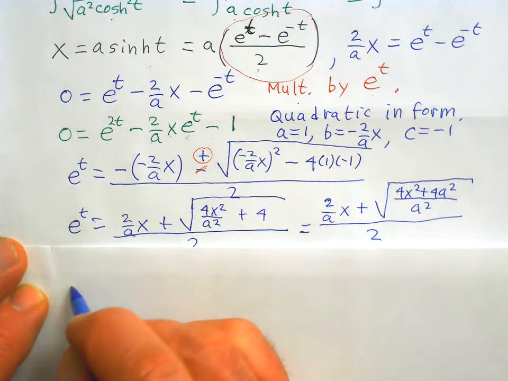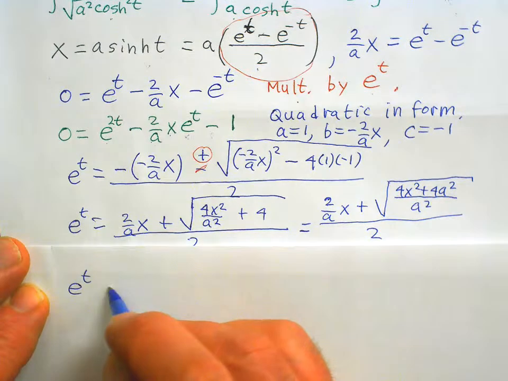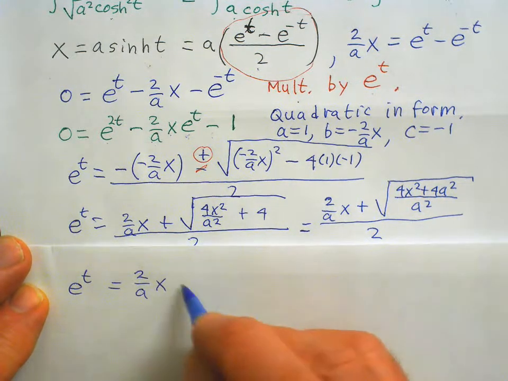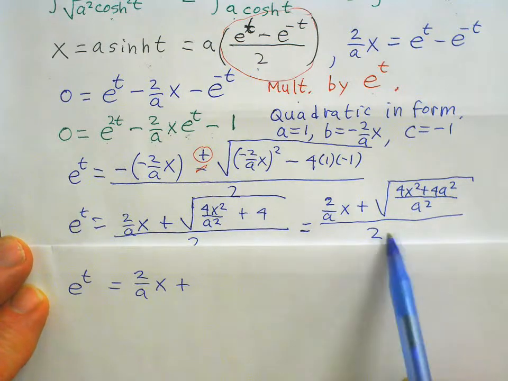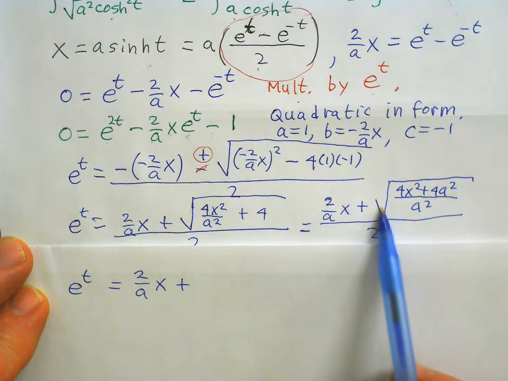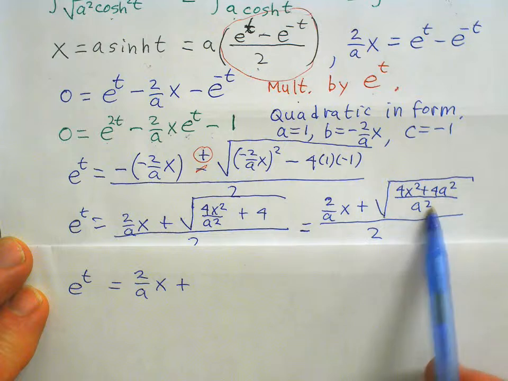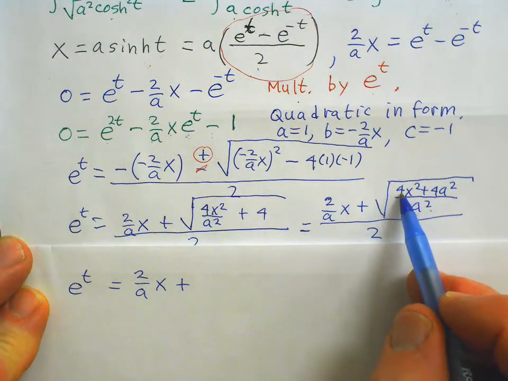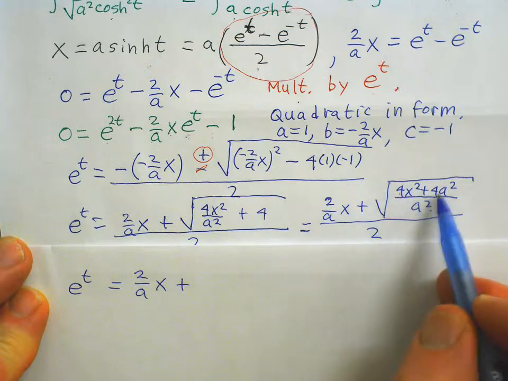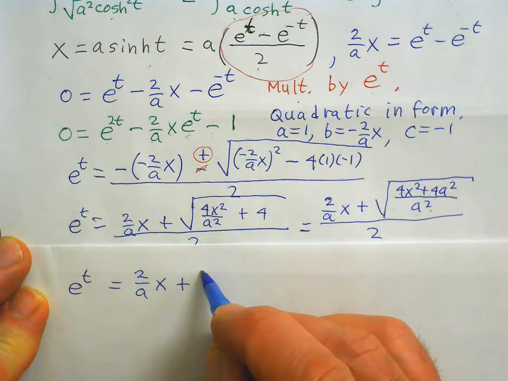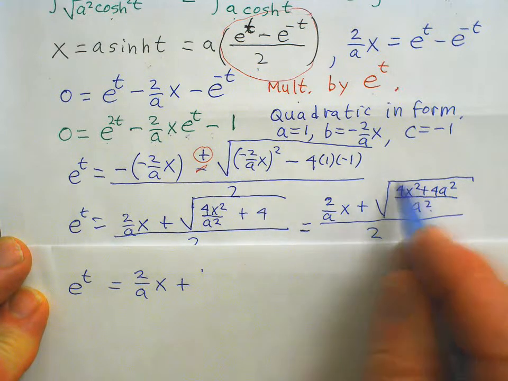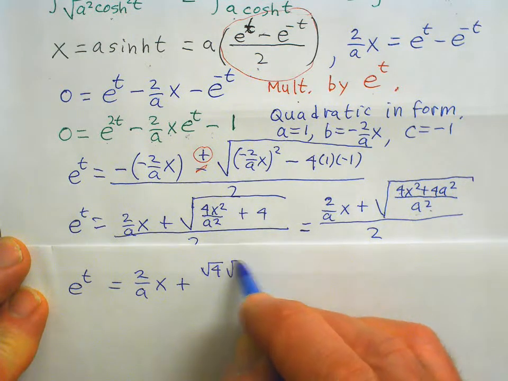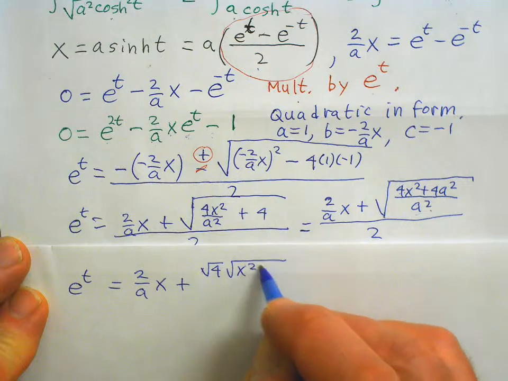Okay, so we get e to the t equals 2x over a plus, so in the denominator of the square root, I have a perfect square, a squared. And in the numerator, I have a perfect square factor, 4. So I'm going to rewrite this square root as the square root of 4 times the square root of the quantity x squared plus a squared.